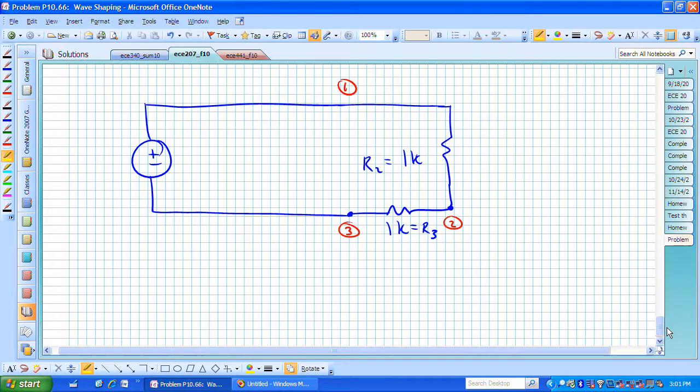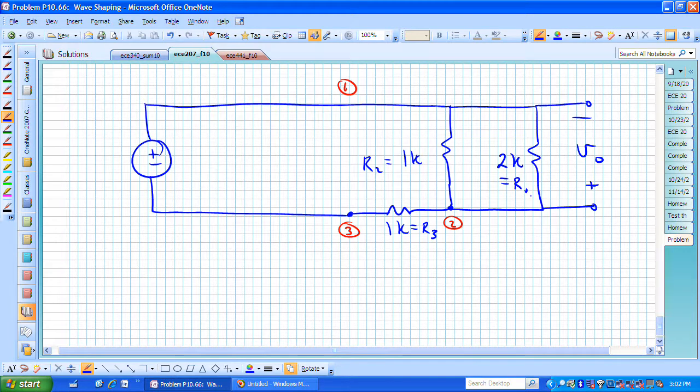We now know that the negative side of this output resistor 2K was connected to node 1, and the positive side of that was connected to node 2. And I'm going to probably call this one R sub 1. That's now our circuit that we can redraw to try to analyze what's going on.